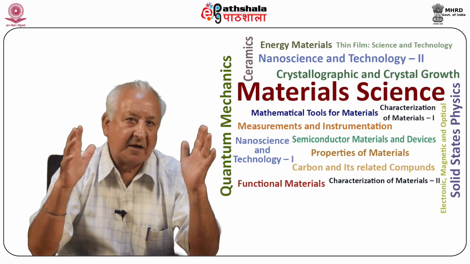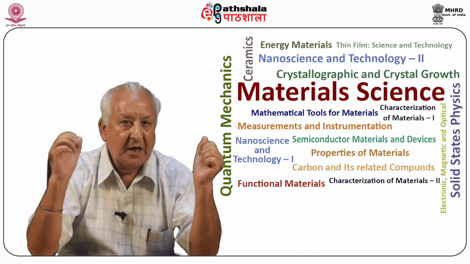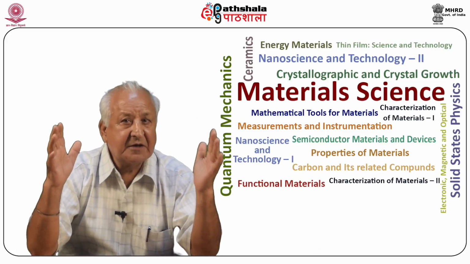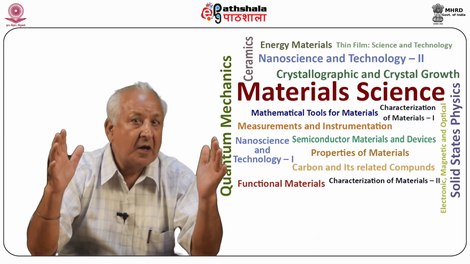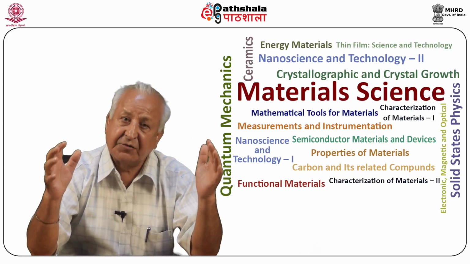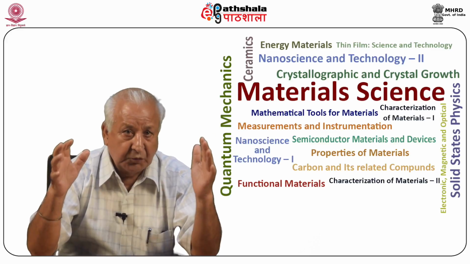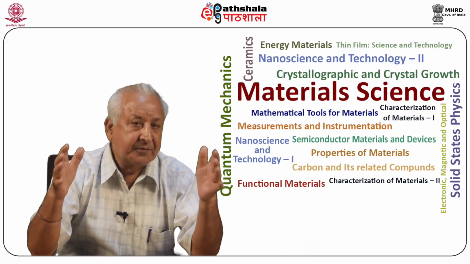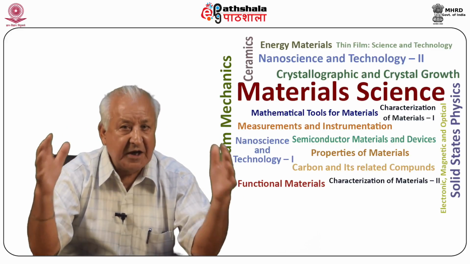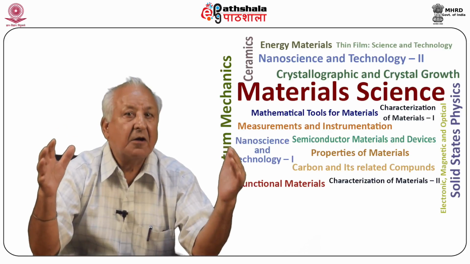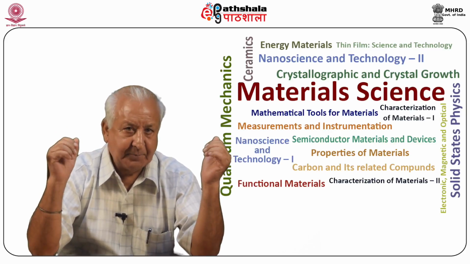We shall first take up growth from solution. In this method of growth, the components of the crystal to be grown are dissolved in a solvent so as to form a saturated solution. The solution is made supersaturated by evaporation of the solvent or by changing the temperature, which results in crystallization of the excess material.